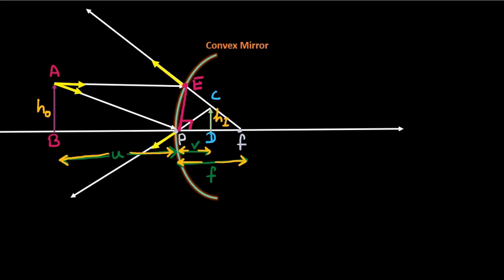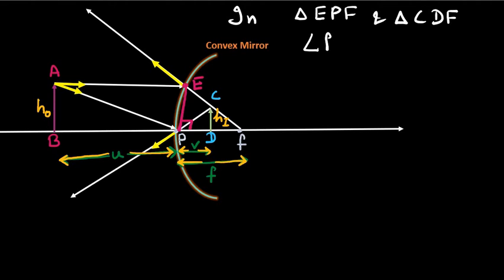Now consider triangles EPF and CDF. These are embedded triangles. In triangles EPF and CDF, we have pairs of equal angles.